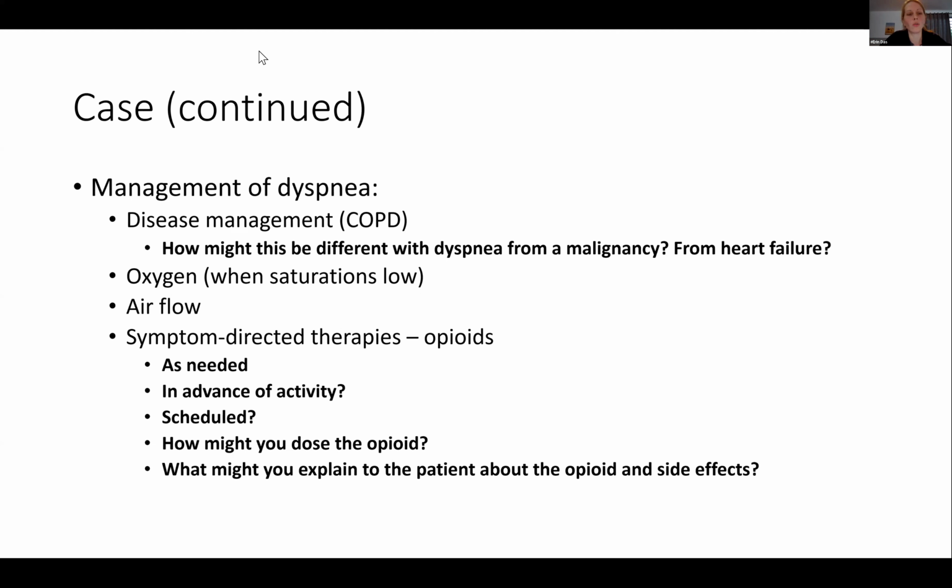So for this patient, I want you to think about how we might start opioids on this patient. Would you do it as needed? Would it be a scheduled dose? Would you give it in advance of an activity? And then how would you explain to the patient that they would be starting on opioids and what the side effects are?